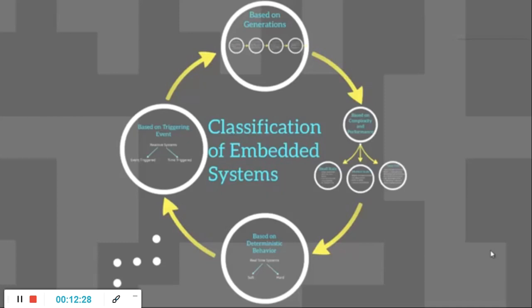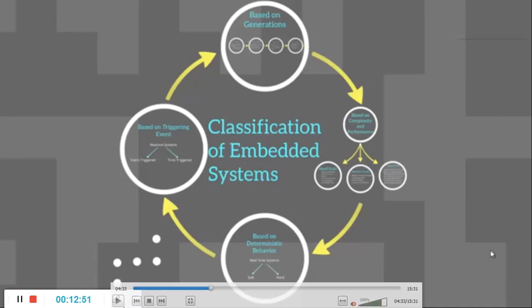So, we will see one by one the 4 ways the embedded systems are mainly classified: based on generation, based on complexity and performance, on deterministic behavior, and based on a triggering event. We will see one by one.